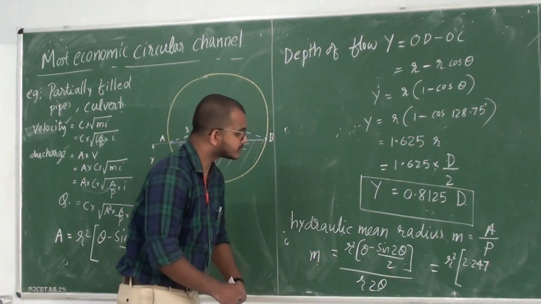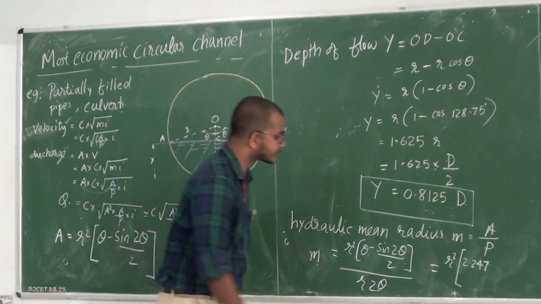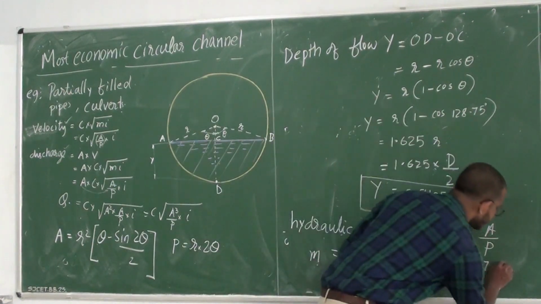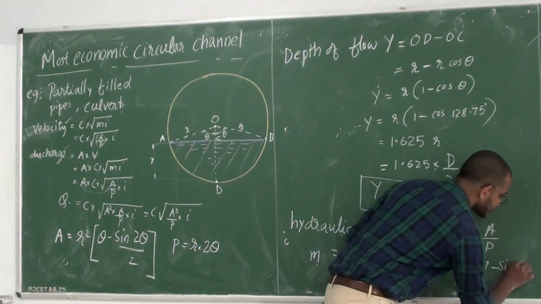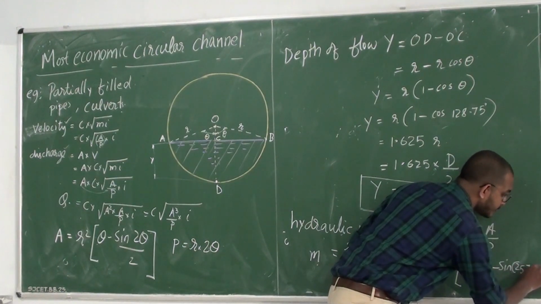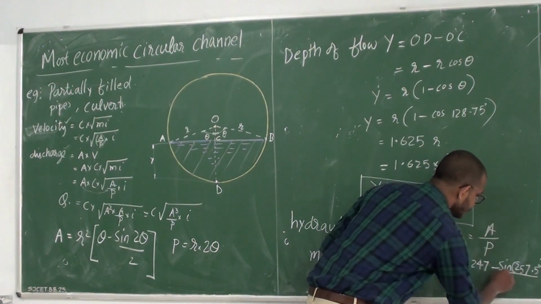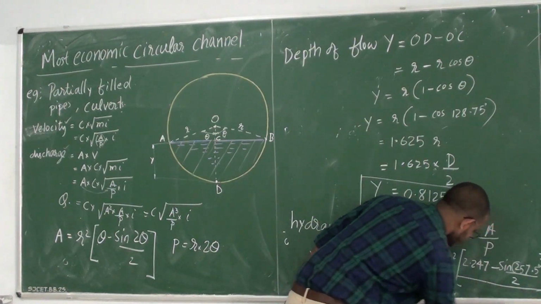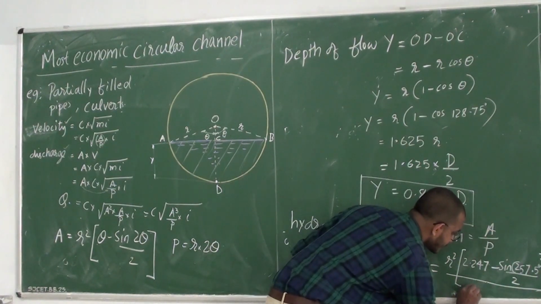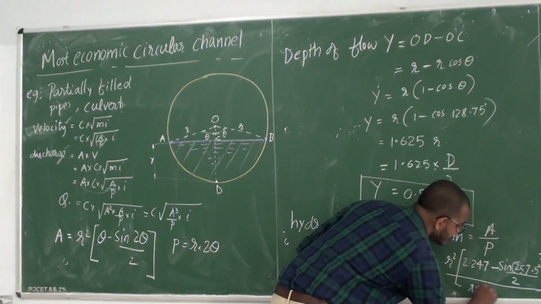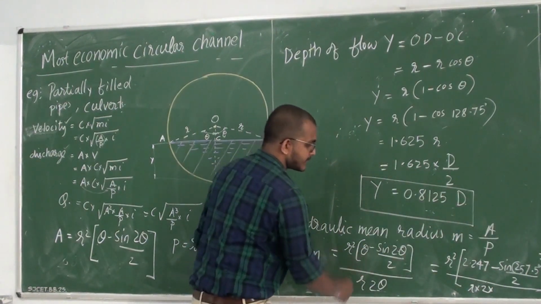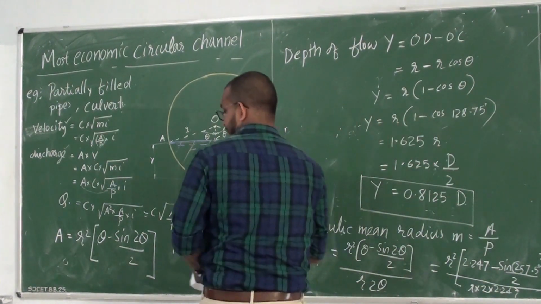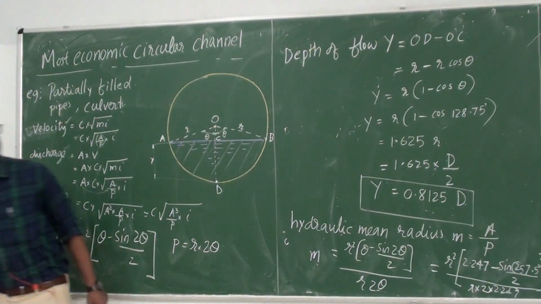So r square into theta is 2.247 minus sin 2 theta. Sin of 2 theta is sin of 257.5 degree by 2, divided by the perimeter P, which is r 2 theta, so r into 2 into theta, that is 2.247.